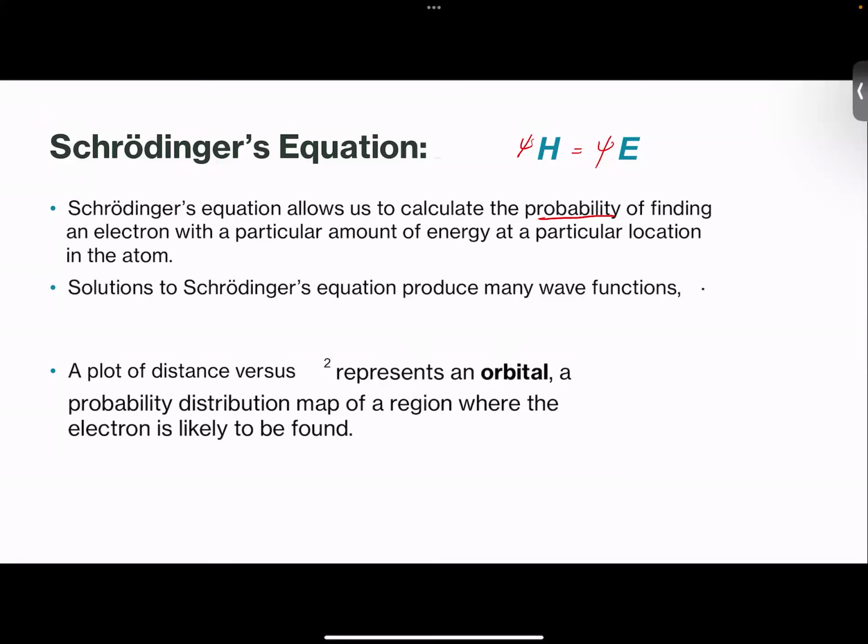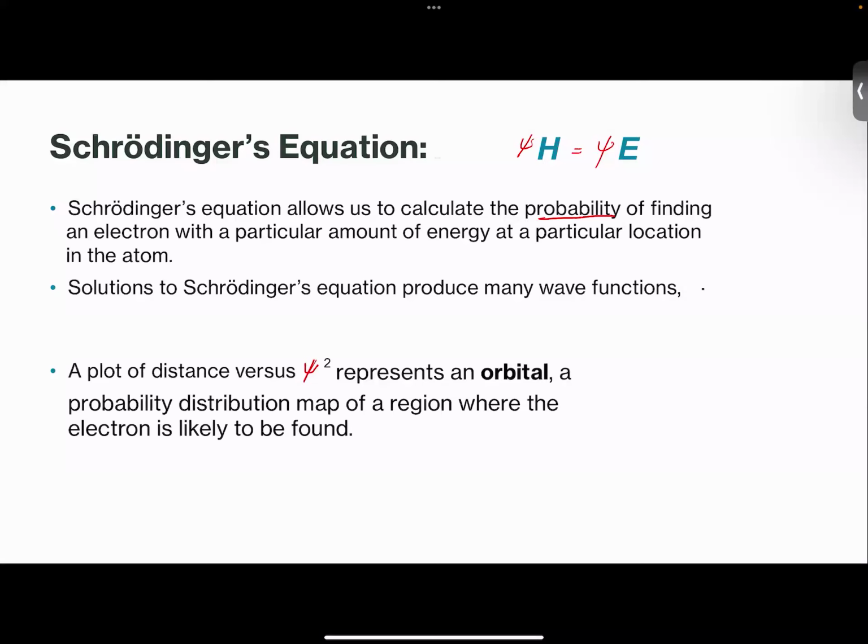We have supercomputers that are necessary in order to calculate the Schrodinger equation in a reasonable amount of time. Now, we can solve the Schrodinger equation, and if we plot the distance versus psi squared, what we obtain is an orbital.